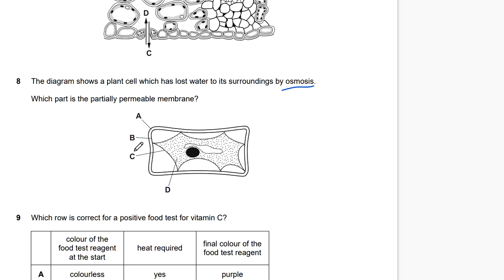So of course, the correct answer for that is letter C, because the cell membrane is actually the semi-permeable membrane, not the cell wall, not the space between the cell wall and the cell membrane, and not even the cytosol. It is the cell membrane because it provides protection for the cell itself, and it permits the movement of water in and out of the cells.